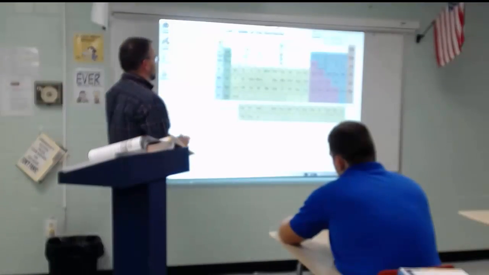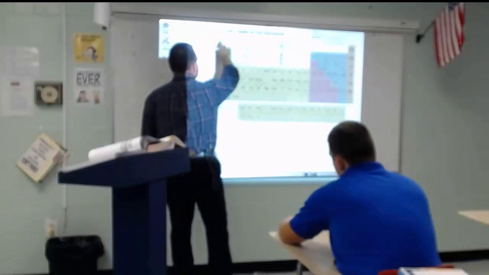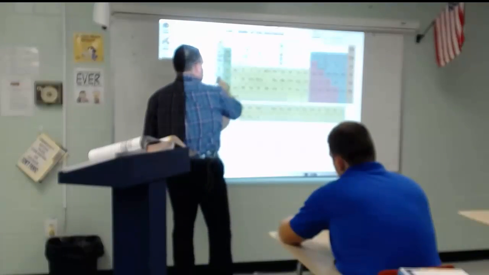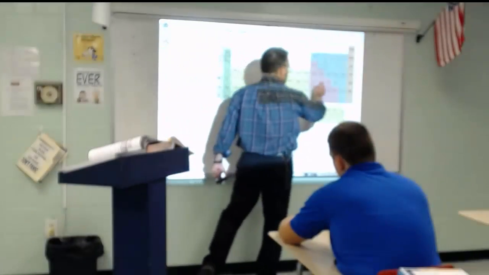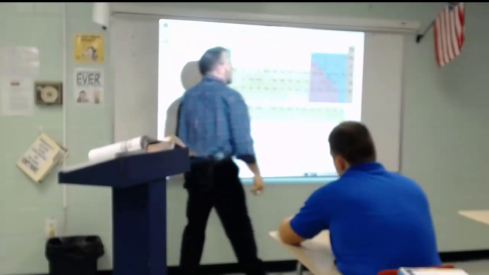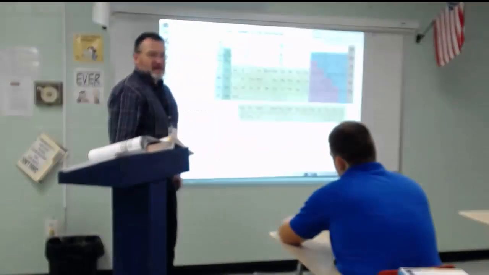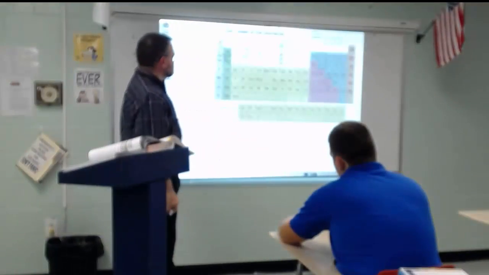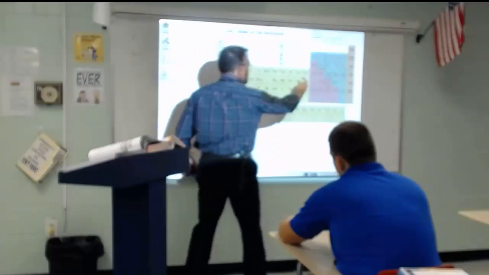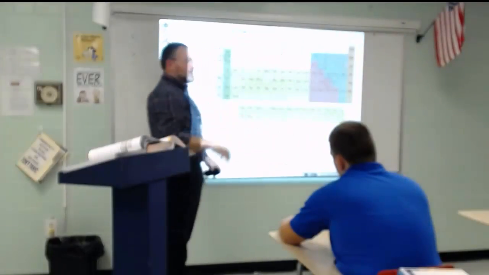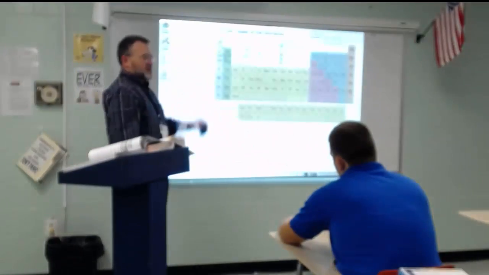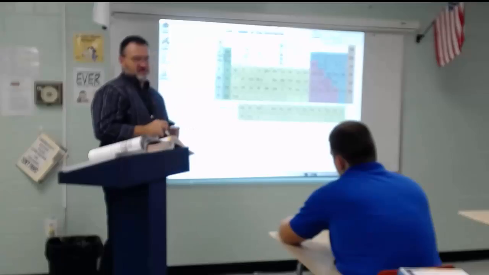We also then, knowing this, 5p3 would be 1, 2, 3, 4, 5, p1, 2, 3. What column is that element in? 1, 2, 3, 4, 5. It's a column 5A element. So we would expect to find 5 electrons in the valence.